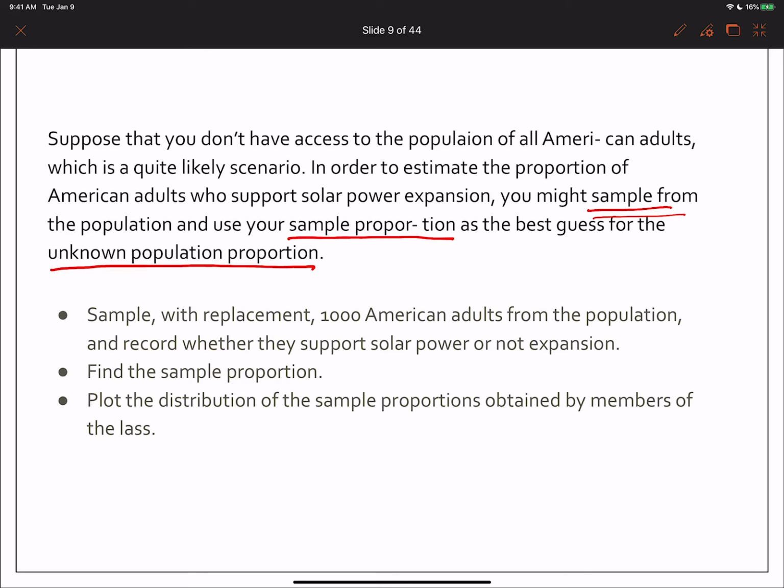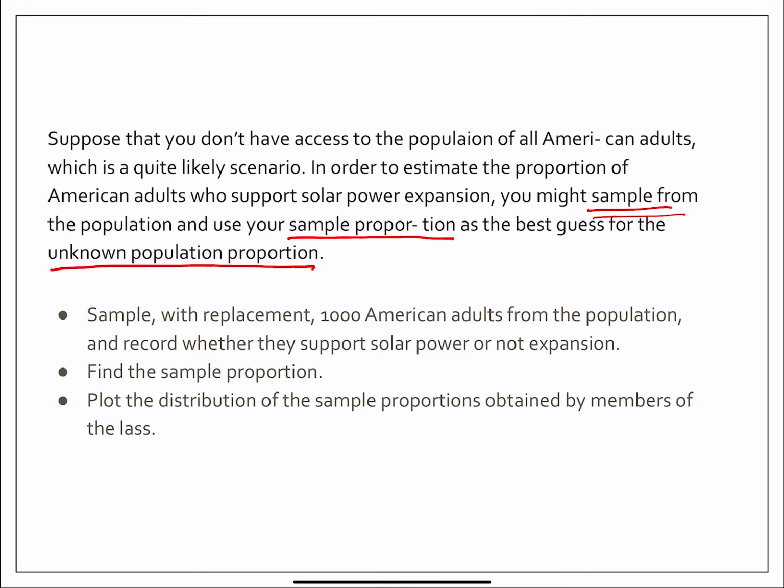No question. What's the question? Is this a question, like, at the top? Is that a question being asked? Or is it just, like... It's not really a question. I mean, it's just like, what could we do in this case? We want to know what all American adults feel like. Yeah, it's a scenario.